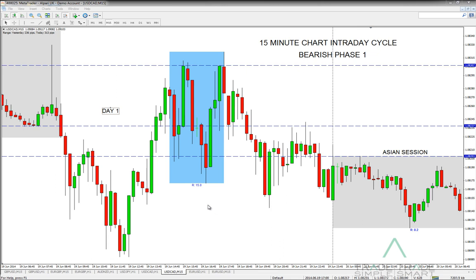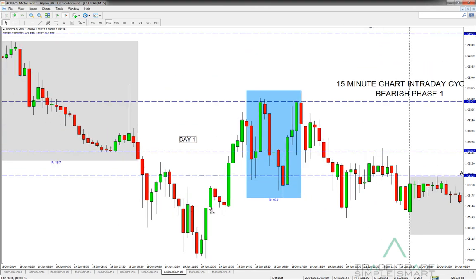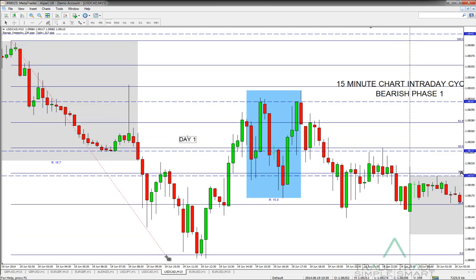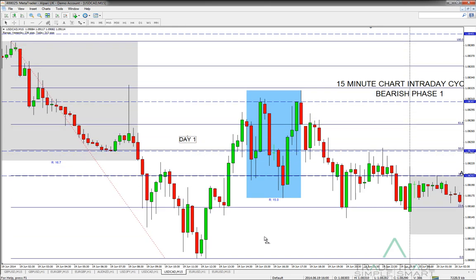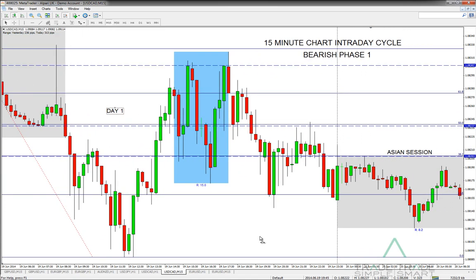And as we saw in the last example, if we wanted to reinforce these levels, we could add some Fibonacci internal retracements or any other technical levels, and we will add these from the previous day's high to the previous day's low. What we're going to be looking for is for these levels to overlap or fall within a relatively narrow price range to our horizontal support and resistance levels.